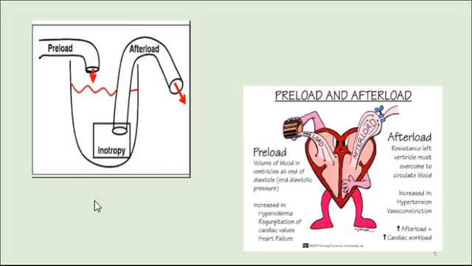Your inotropy, when we talk about inotropic drugs, that's your contractility. The contractility is the inherent ability of the myocardium, the heart muscle, to contract normally. Contractility is influenced by your preload right here. The greater the stretch, the more forceful the contraction.